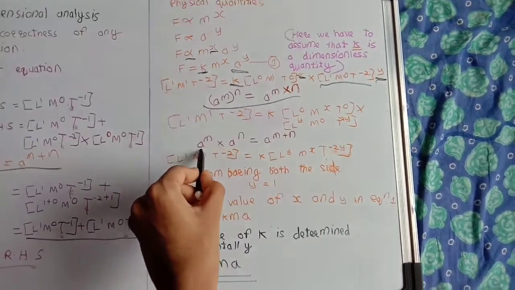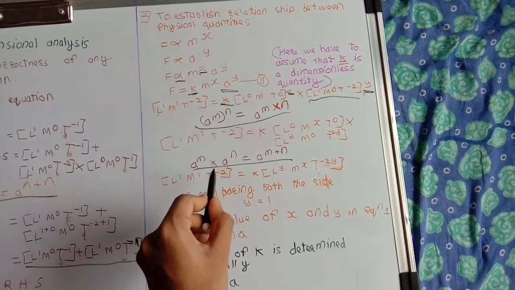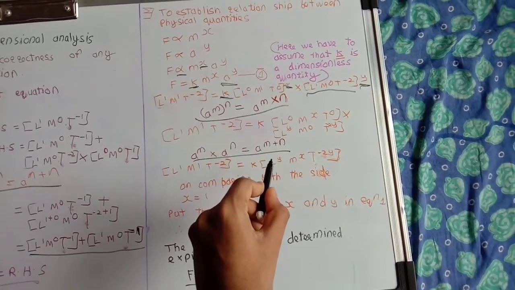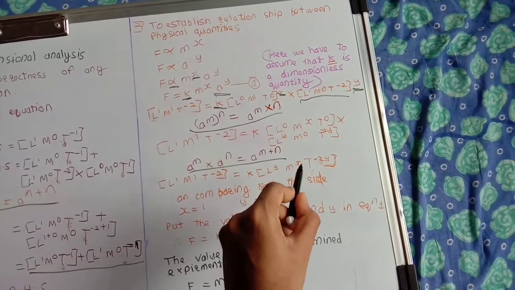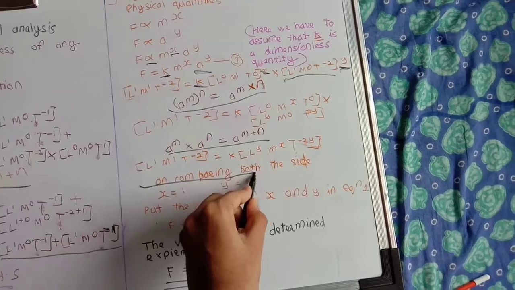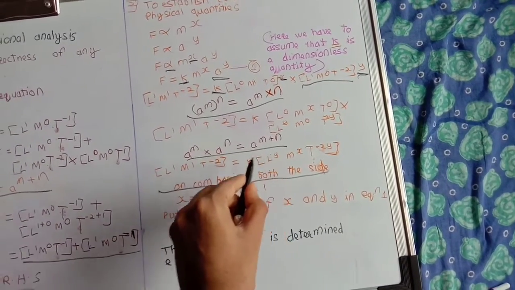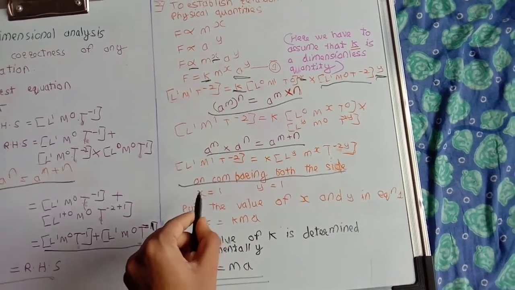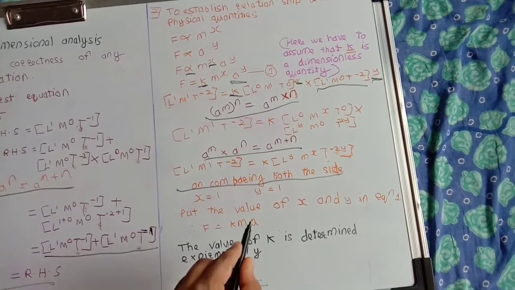So by using this identity, we will get L raised to 1 M raised to 1 T raised to minus 2 is equal to k, then bracket, L raised to y M raised to x T raised to minus 2y. Then we have to compare it on both sides. So here the value of y is equal to 1 and the value of x is also 1. So by comparing, we get x is equal to 1 and y is equal to 1.